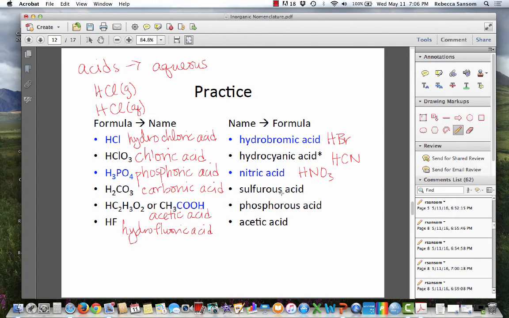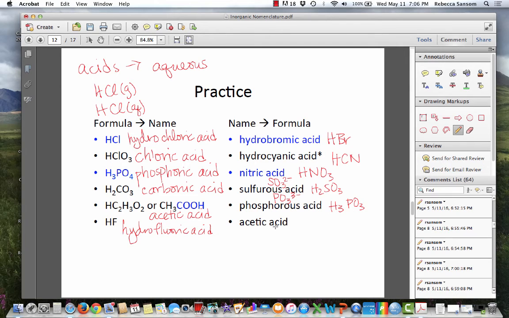Sulfurous acid, ous comes from ite, and so this must be from sulfite. Sulfite is SO3 2 minus, so this will be H2SO3. Phosphorous acid comes from phosphite, PO3 3 minus, so H3PO3.